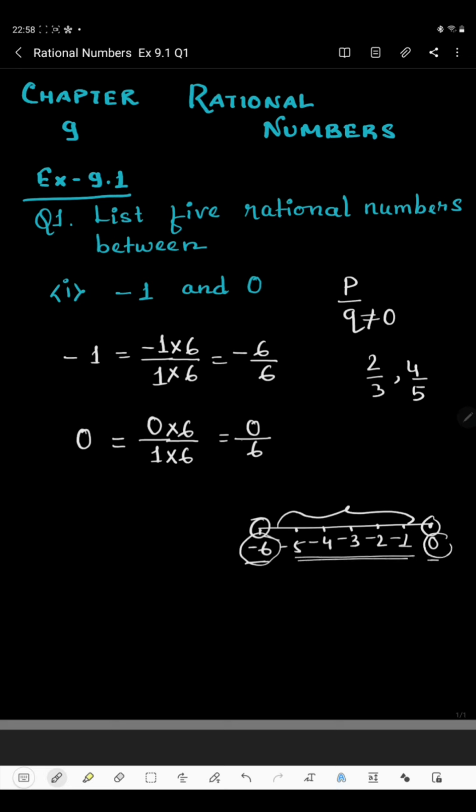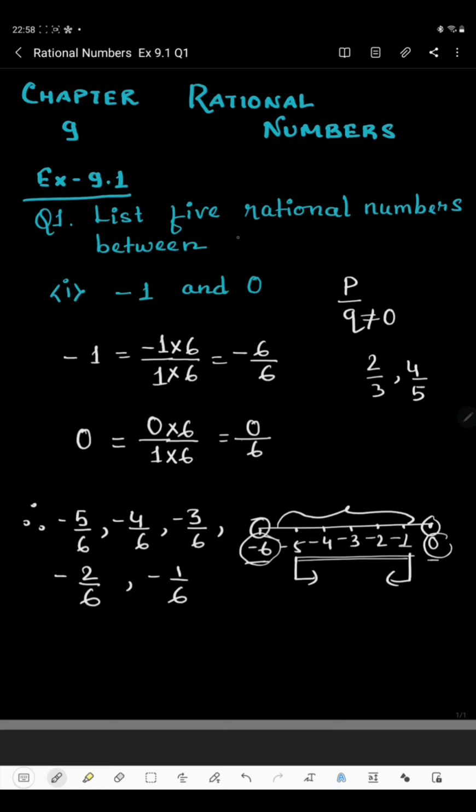We will go serially. The denominator will remain the same, which is 6. So we are getting -5 by 6, then -4 by 6, then -3 by 6, then -2 by 6, and then -1 by 6.